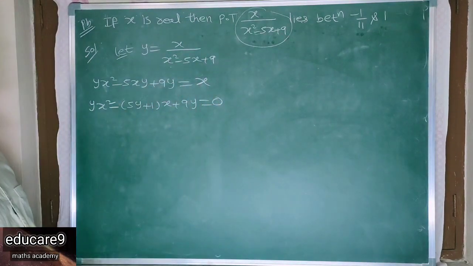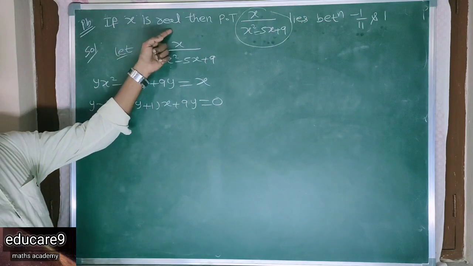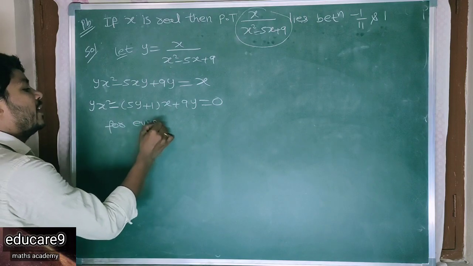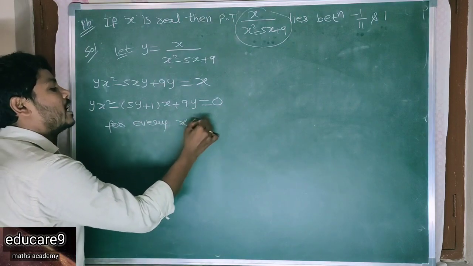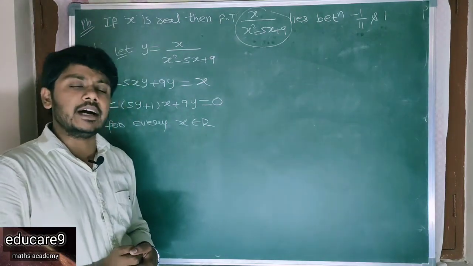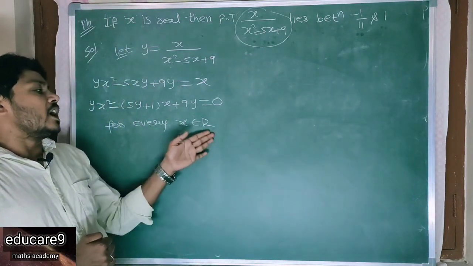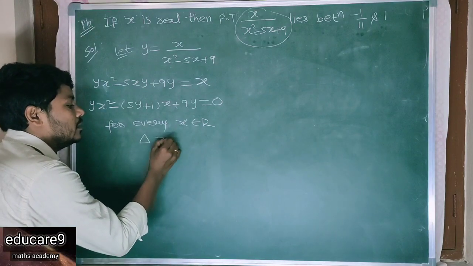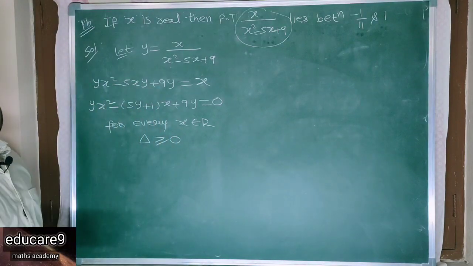Here x is real. So for every x belongs to R, what are the x values? Domain values or roots. If roots are real, then delta is greater than or equal to 0.